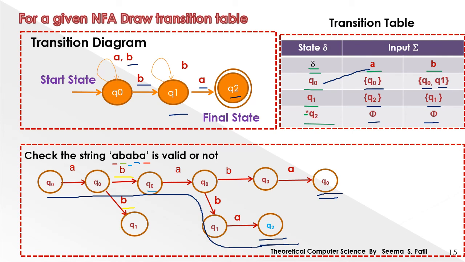Here you will get the final state, that is Q2. So the given string is valid for this. Anywhere if you are getting a final state, then that string is valid. So the ABABA is valid for the given NFA.